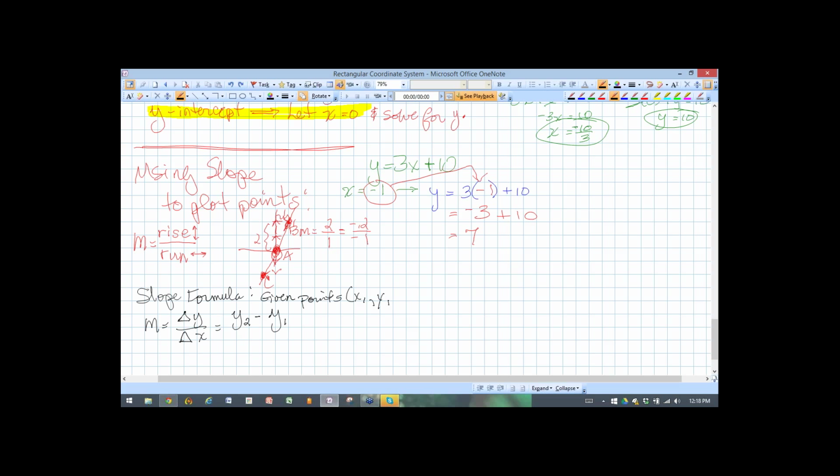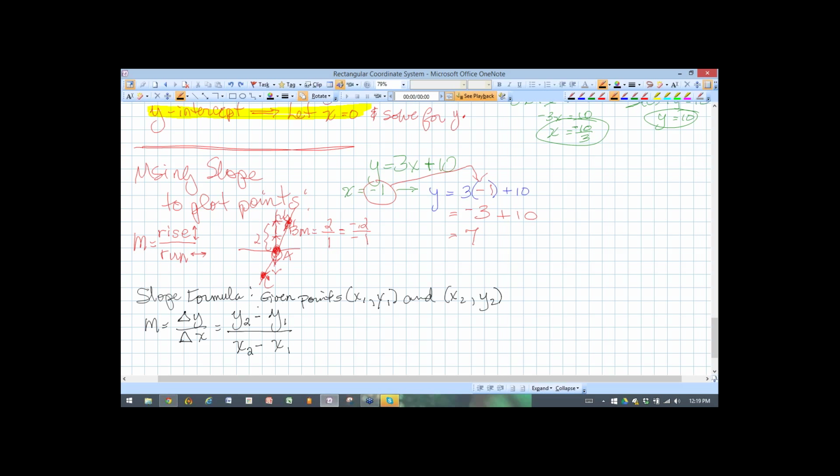You label it x1, y1, in other words, that's point 1, and point 2 would be x2, y2. The subscripts merely help you keep track of which point this comes from. The denominator is a difference in your x's, so x2 minus x1.